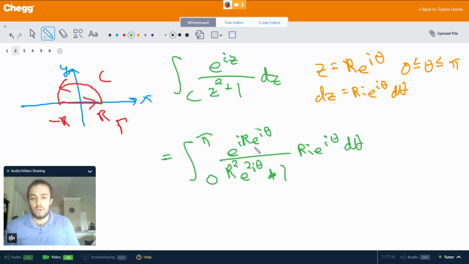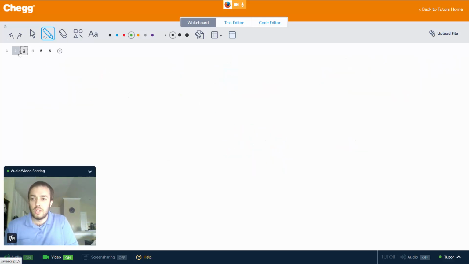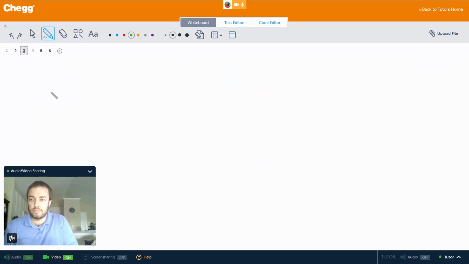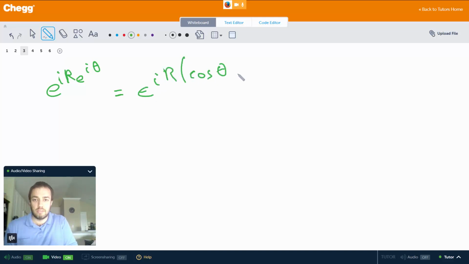All right, now let's focus on this piece right here and see how that simplifies. And actually, let's do that on a separate page. So we want to look at e to the ir e to the i theta. Now remember that r and theta are both real. So this is e to the ir times cosine of theta plus i sine of theta.